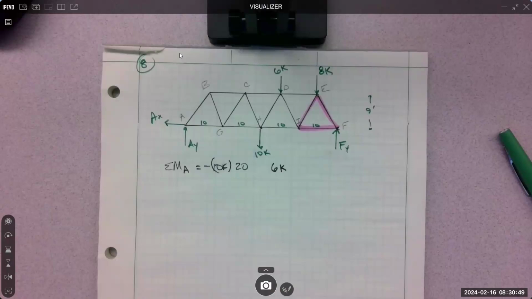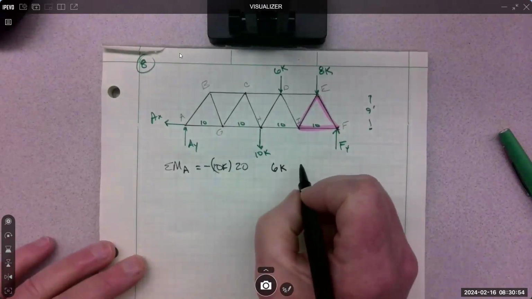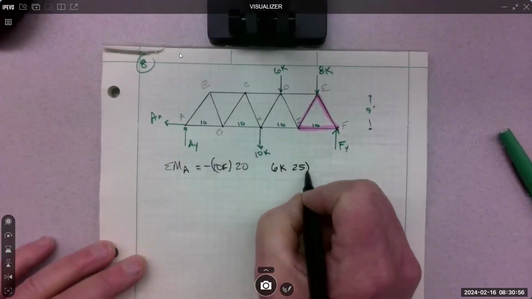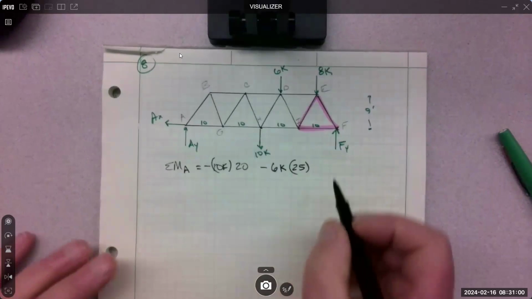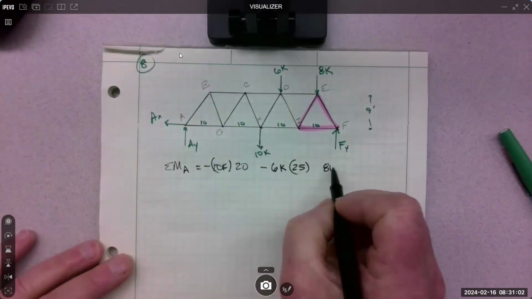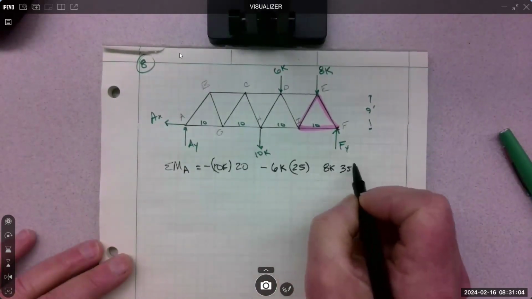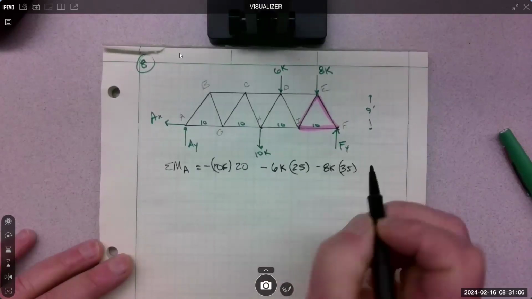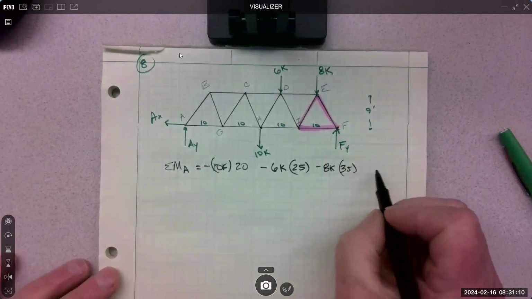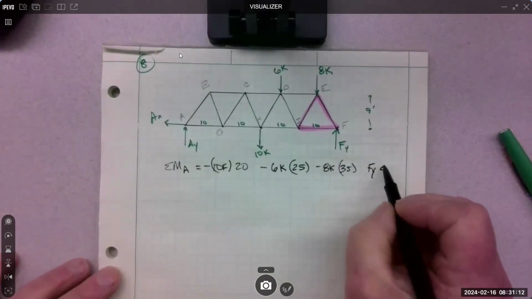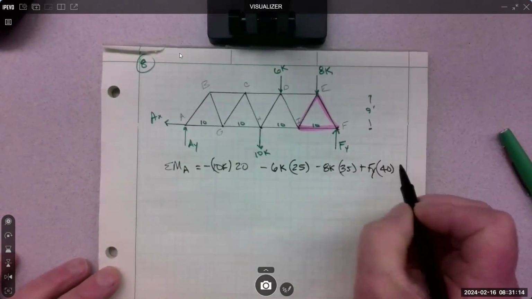Careful. 25. Rotation negative. 8K times 35. Negative. And FY times, positive.